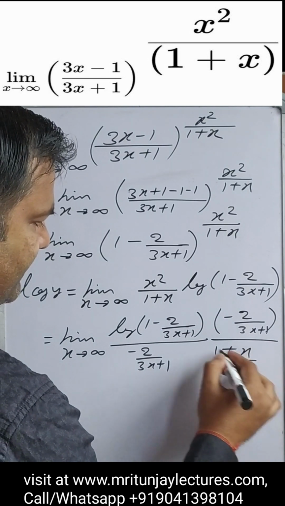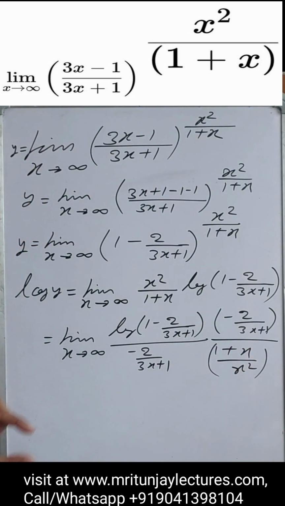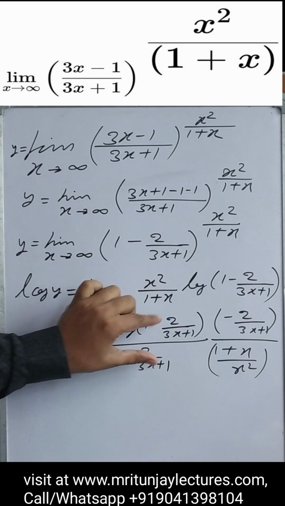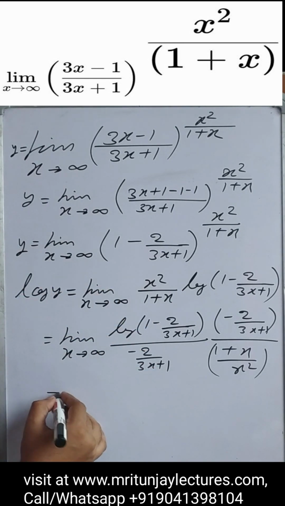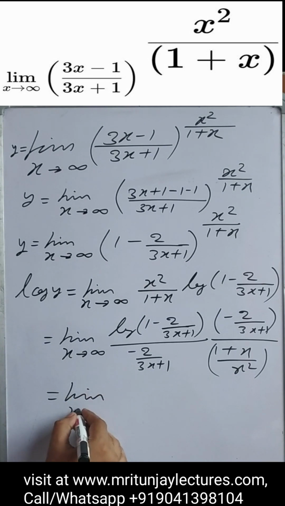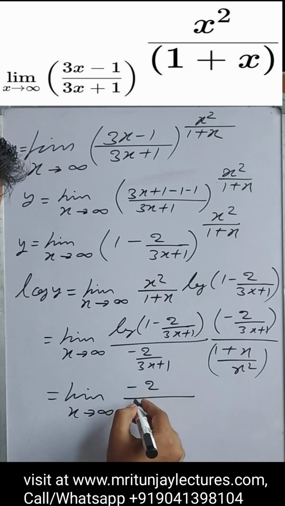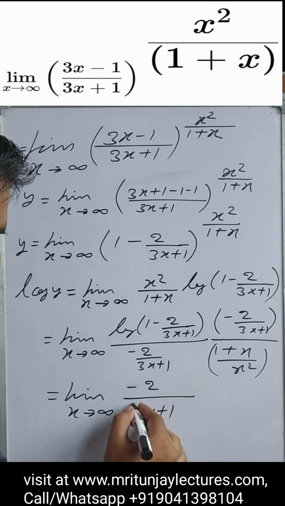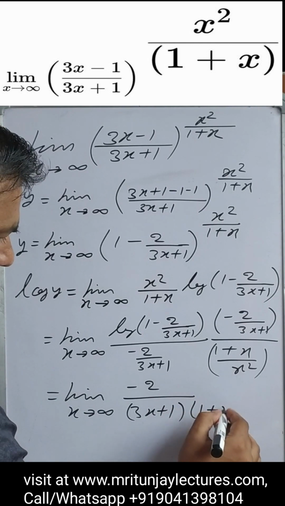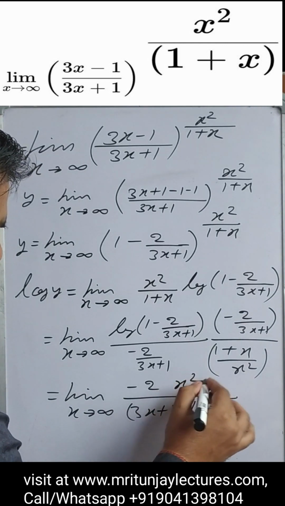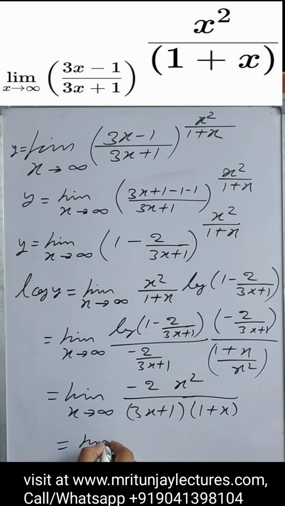This one basically is 1. So you can say that limit x tends to infinity, minus 2 upon 3x plus 1 into x square upon 1 plus x.